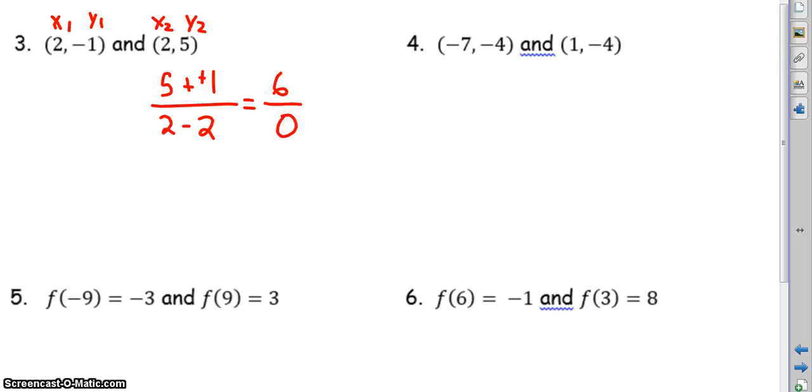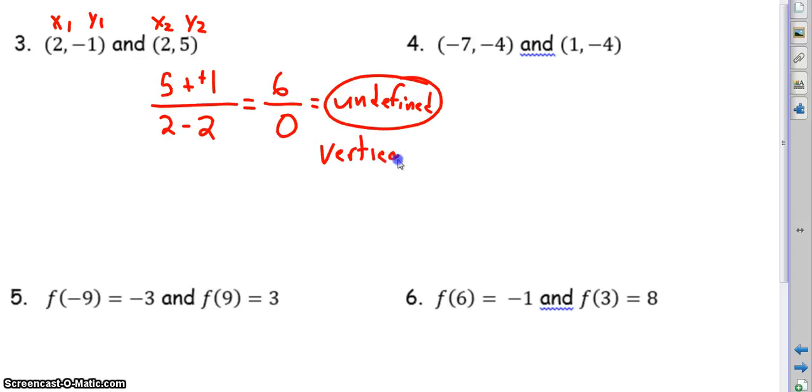Because 0 is under the line, the slope is undefined. Now, if it's an undefined slope, that means it would give us a vertical line in that case. Okay?